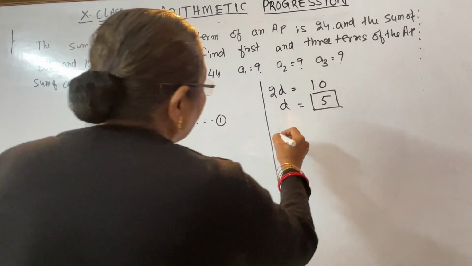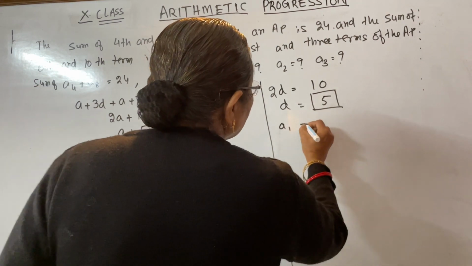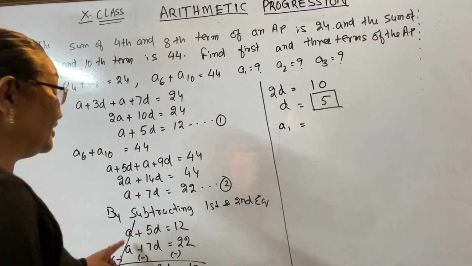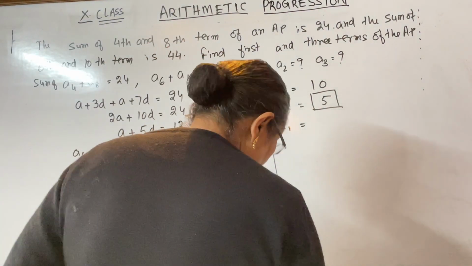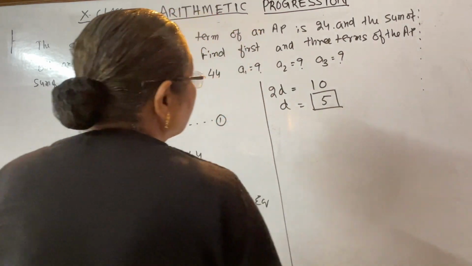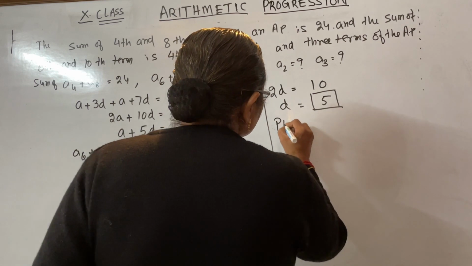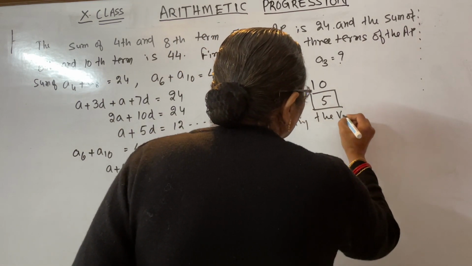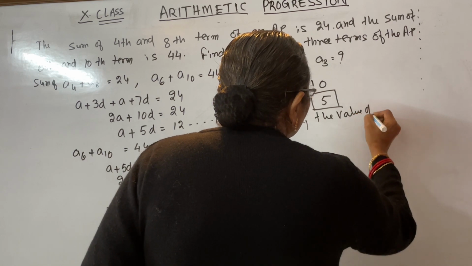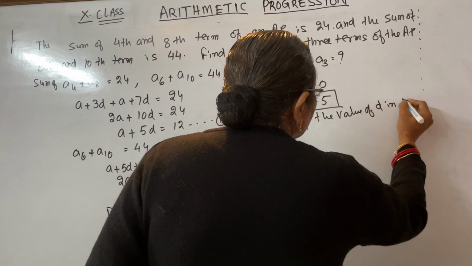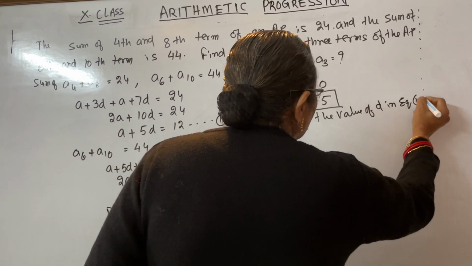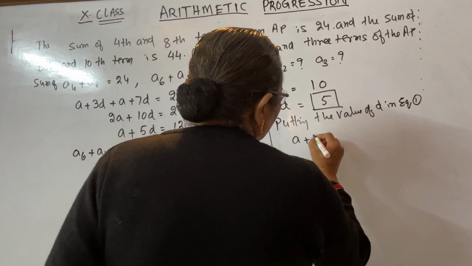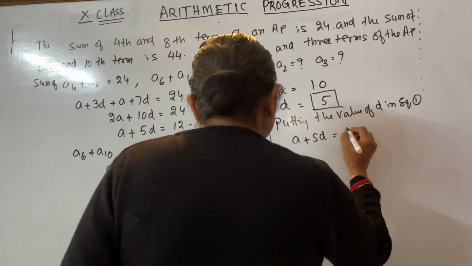Now we can find A1, how much is it? A1 we can find out. So how can we find it? From the equation. We can write like that, putting the value of D in equation 1. So what is our equation 1? A plus 5D equals to 12.